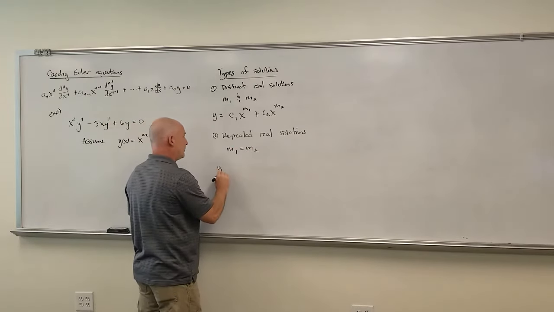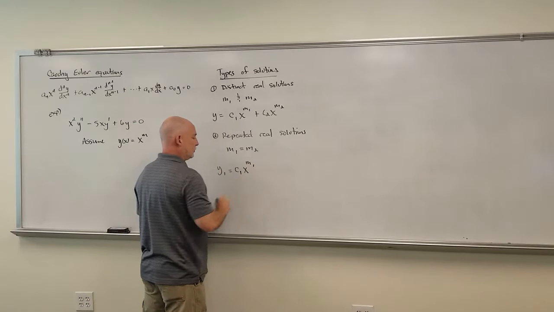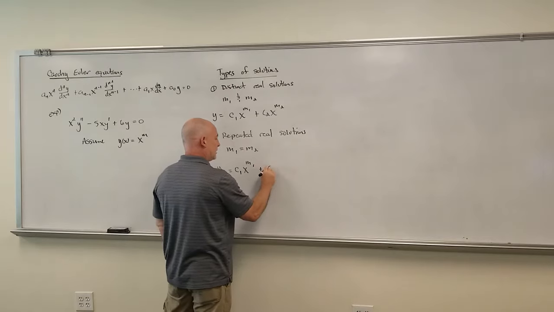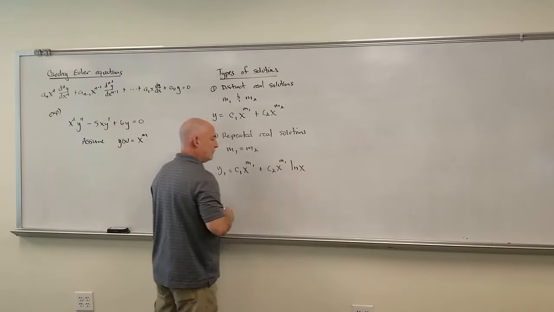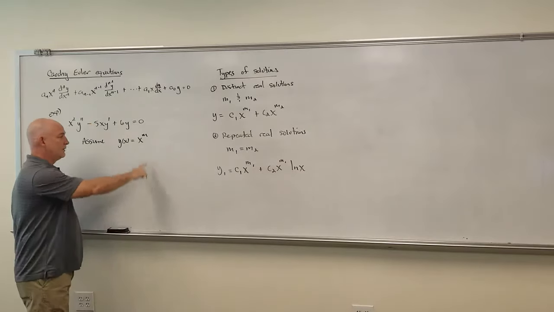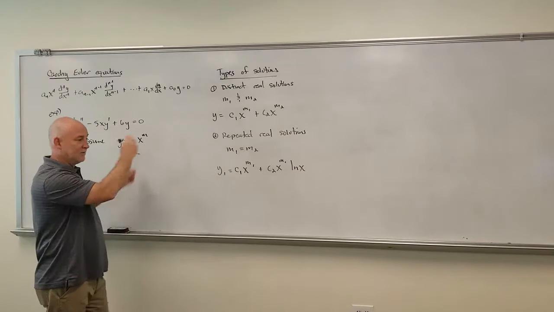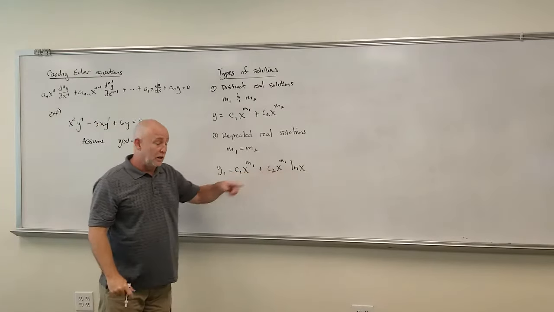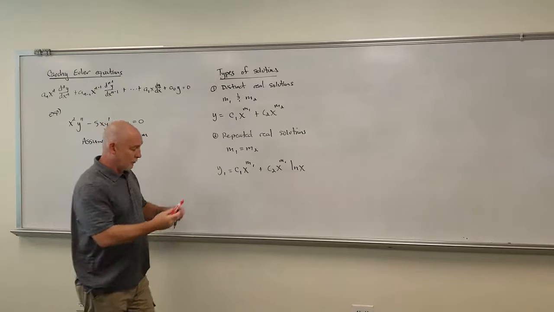Well, instead of multiplying by x here, our first solution, of course, is going to be x to the m1. Our second solution, we multiply by the natural log of x, right? Because this is just x here. We already have x, not an exponential, so kind of think about it as the opposite of an exponential would be a logarithm.